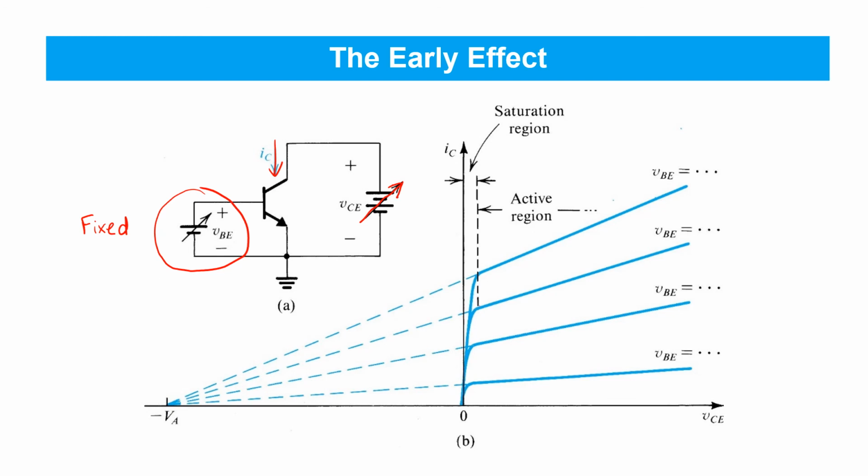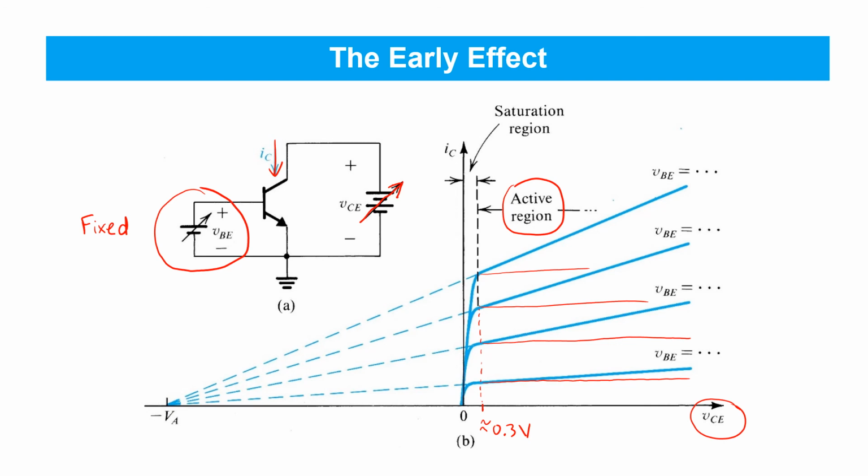Now we saw that as long as the collector emitter voltage is around 0.3 volts or higher, we should be in active mode. Until now, we've assumed that in active mode, the collector current remained constant with respect to the collector voltage. So for different base emitter voltages, we would see more or less collector current, but it wouldn't depend on the applied collector emitter voltage, as long as it was large enough to maintain a reverse bias across the collector base junction.